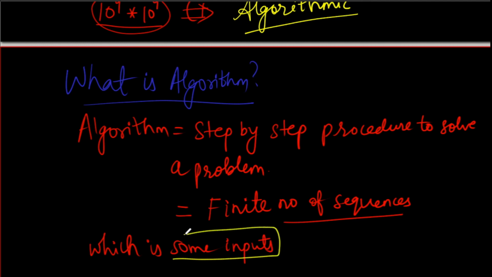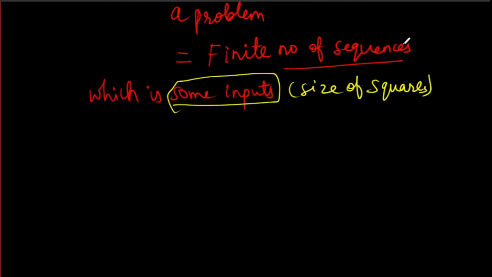Here, in this case, the inputs are the size of squares which is considered. So that is the idea of an algorithm, where you would consider a finite number of steps.